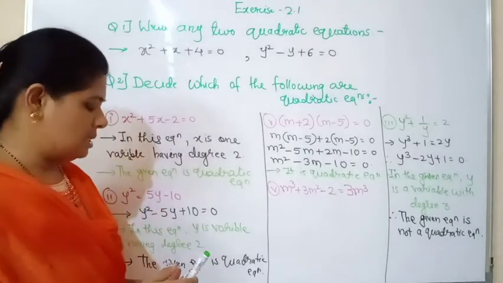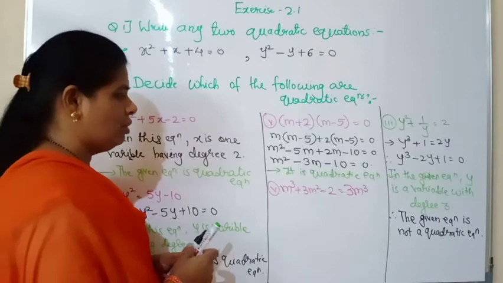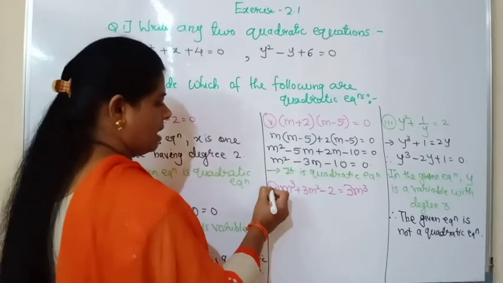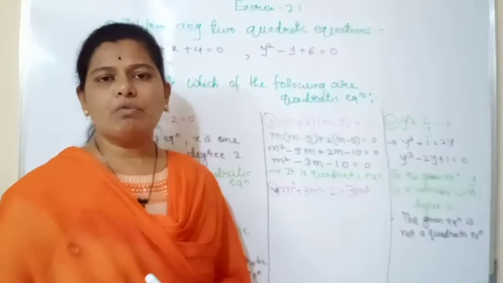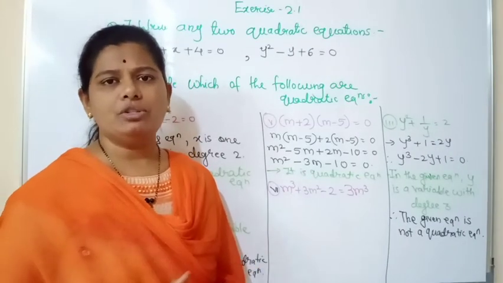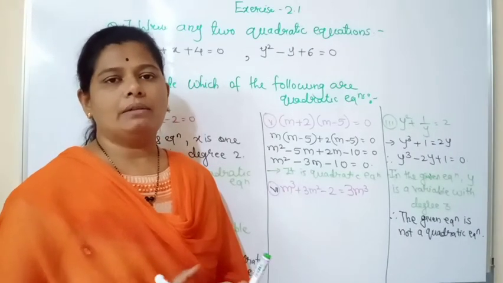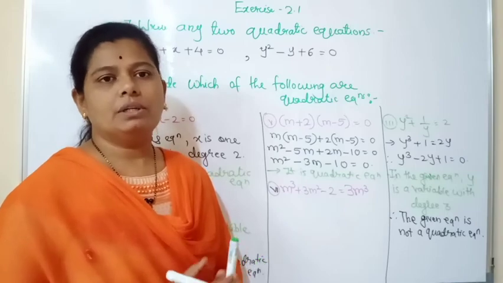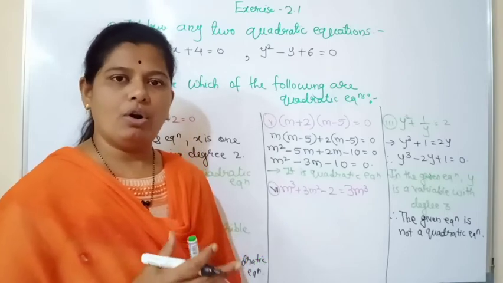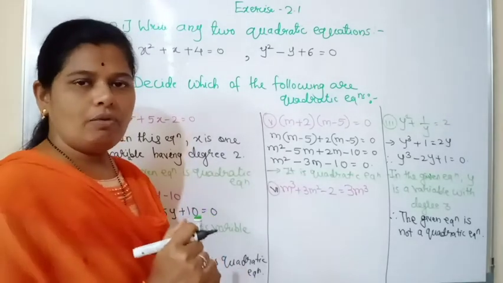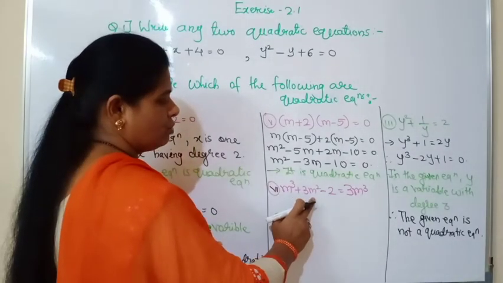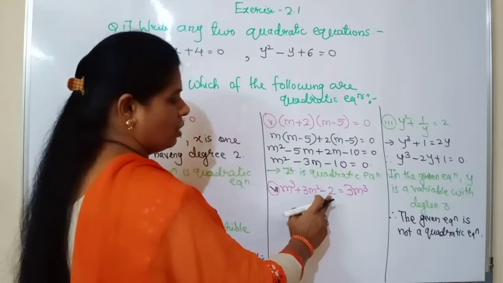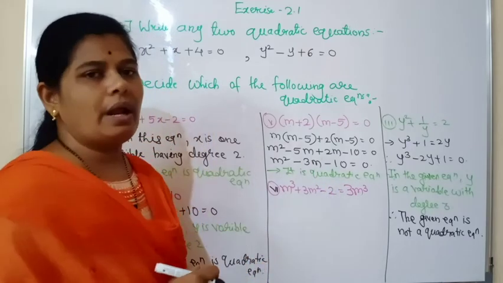Now we will move towards the next example which we are going to study, that is example number 6. Now in this example what we have to do? We have to just arrange all the things properly, and then we have to decide whether the equation is quadratic or not. Okay, see, now we'll see the example. As you can see, m cube plus 3m square minus 2 equal to 3m cube.